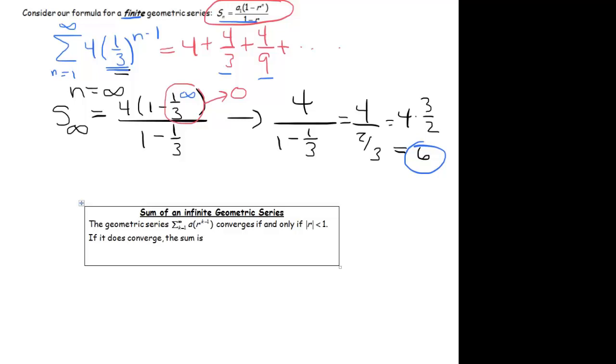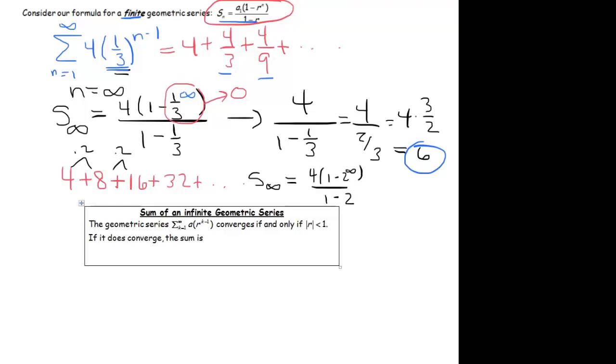Take another quick example. What if I gave you 4 plus 8 plus 16 plus 32? If I tried to apply that formula to add up all infinite terms of this series, my first term is 4 times 1 minus my r, which is 2, since I'm multiplying by 2. 1 minus 2 to the infinity, divided by 1 minus 2.